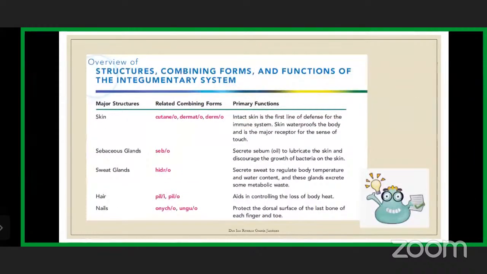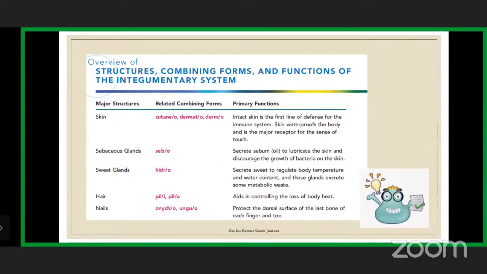Going ahead, we have our chart, the one that we really know. We are going to talk about skin, sebaceous glands, sweat glands, hair, and nails.